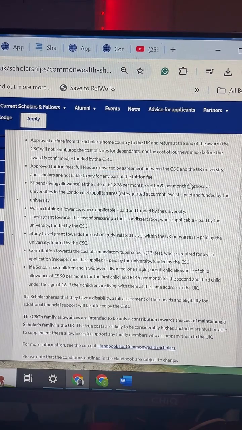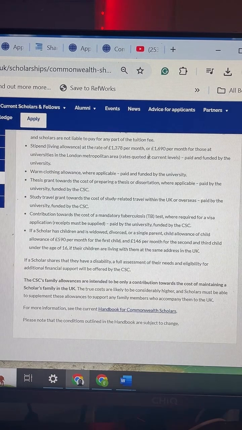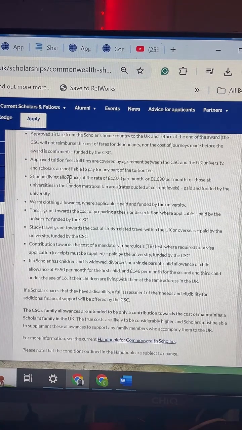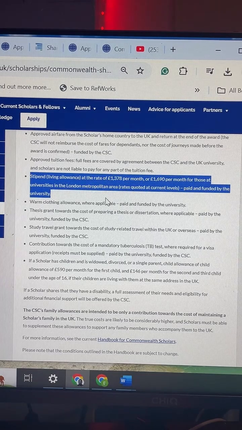I know some universities will tell you that before we give you an unconditional offer, you would need to pay a part of your fees. Inform them that you've already applied for the Commonwealth Shared Scholarship, so you do not need to pay part of the fees.